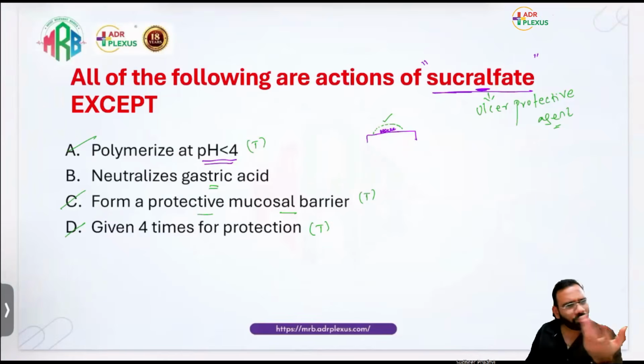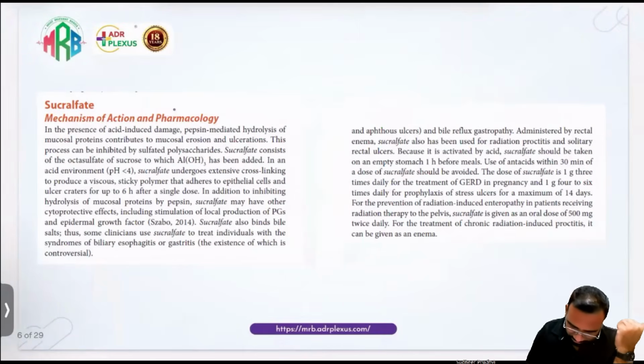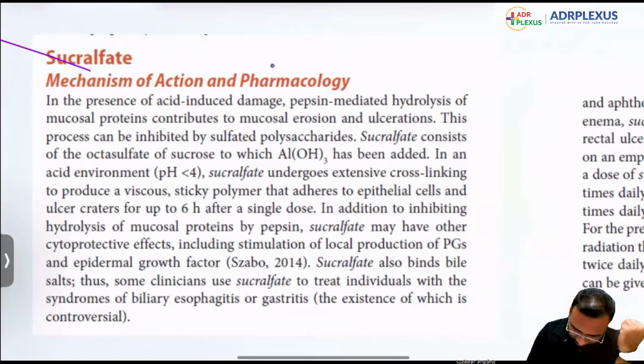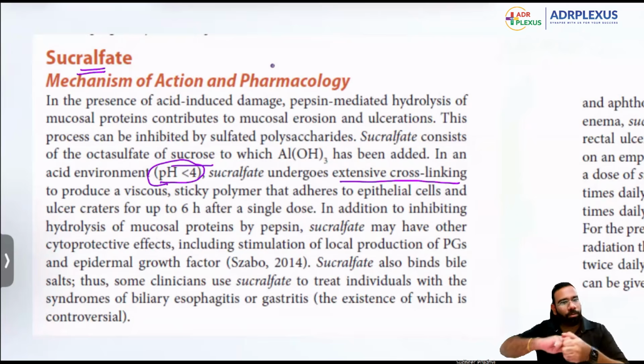Neutralize the gastric acid. No, it has nothing to do with the gastric acid. So this will be the correct answer here. This is a false statement. If you see the references, Sucralfate consists of this sucrose aluminum complex, and at pH less than 4 it is going to form extensive cross-linking, that is polymerization.